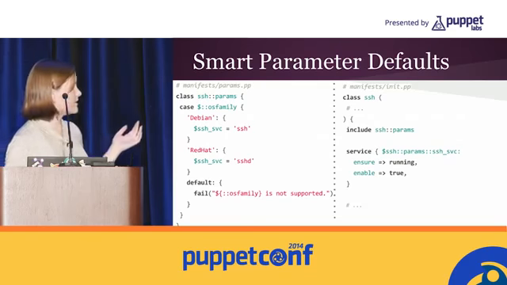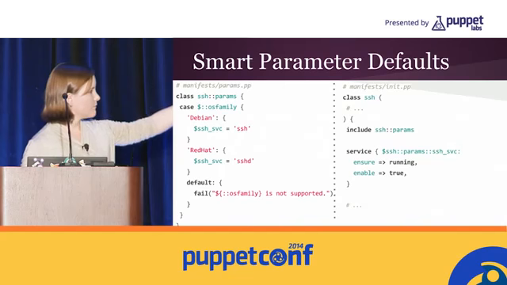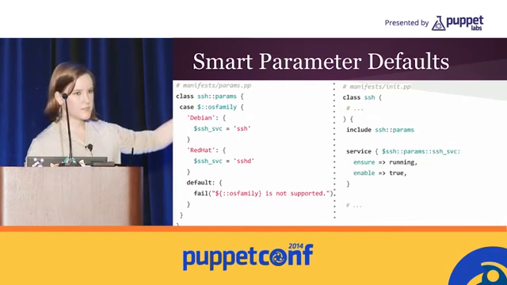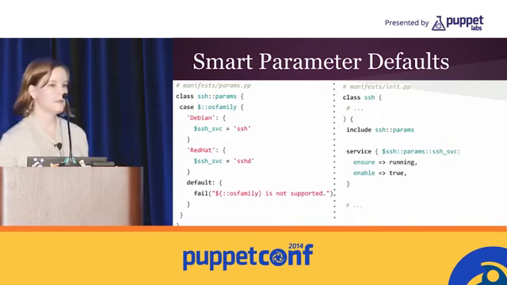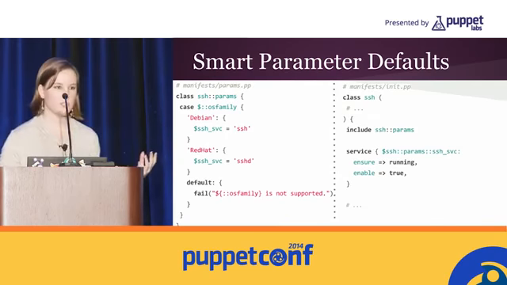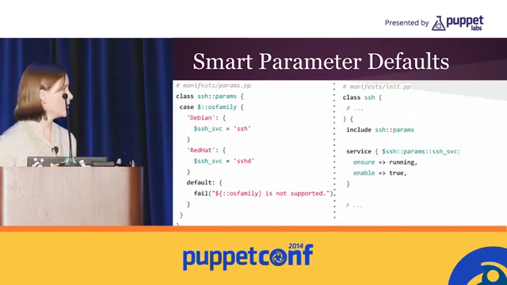So then we use this in our original manifest by including the class and then referring to the new service variable in our service's title, so that this will work both on a Red Hat machine and a Debian machine. And this is left up to the module to figure out which operating system this is going to work on.